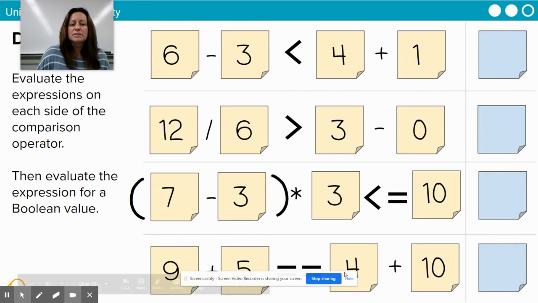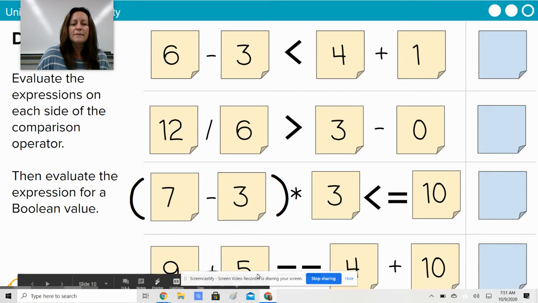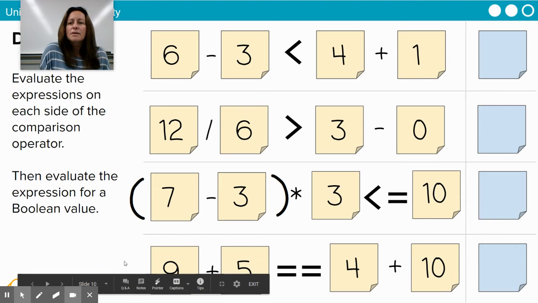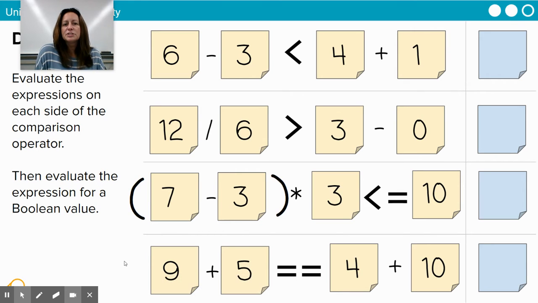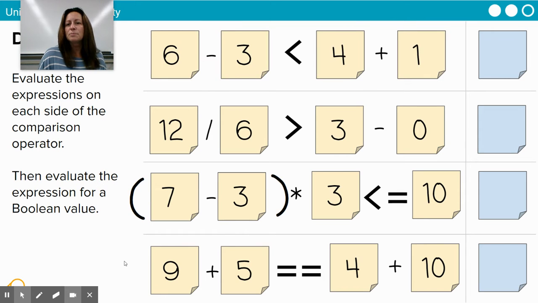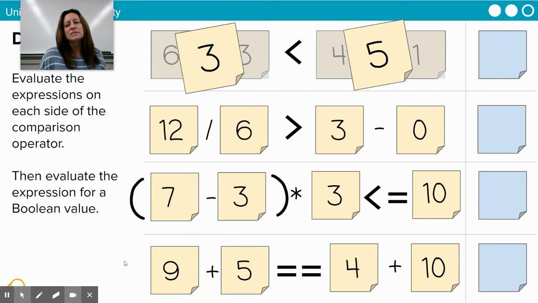Try these expressions. Evaluate them and decide what the Boolean value is of each expression. The first one, you would replace 6 minus 3 with 3, and 4 plus 1 with 5, so replacing those each with one value, now you're looking at 3 is less than 5.